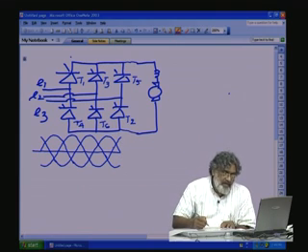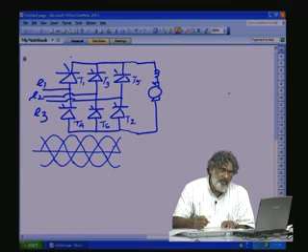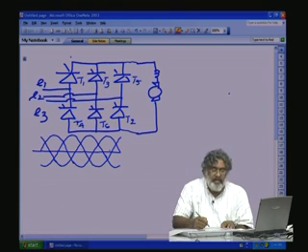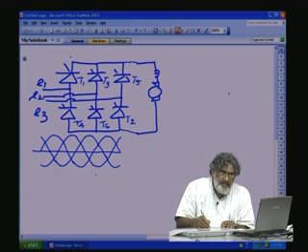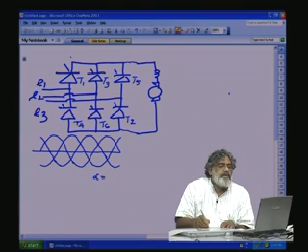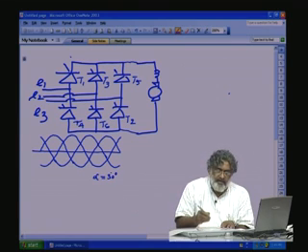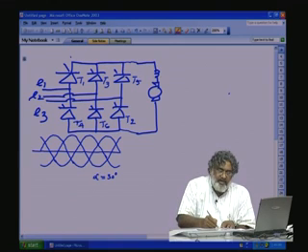Now, we can think about the positive half as well as the negative half. In the positive half, the firing angle alpha is equal to 30. That means we are firing at alpha equal to 30 here. Now, for T1, alpha equal to 30 means it starts from here.